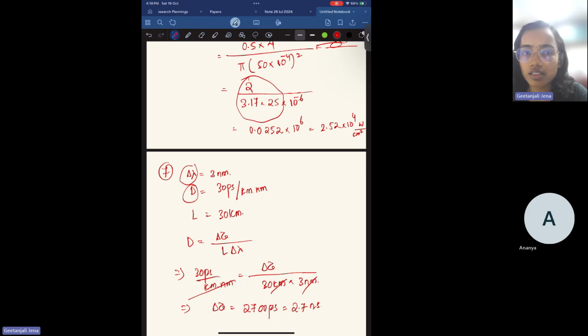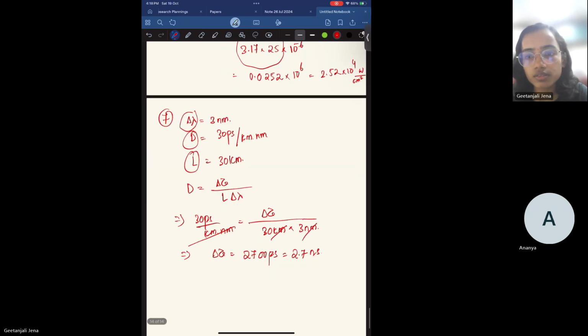The unit they are asking, you have to calculate in that unit. L is also given. The only thing is you have to convert picosecond to nanosecond. Please go through the answer. If you have any doubt in the steps, you can ask.